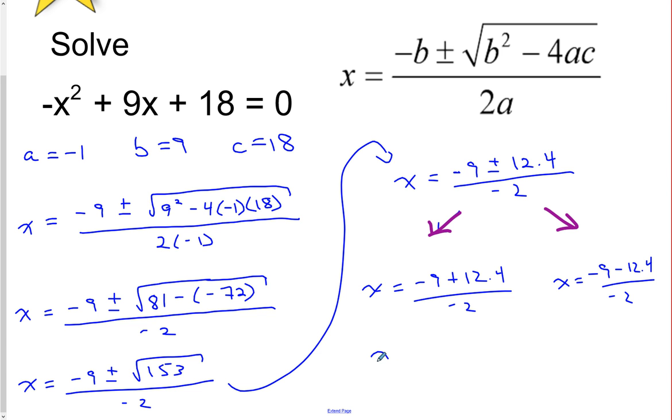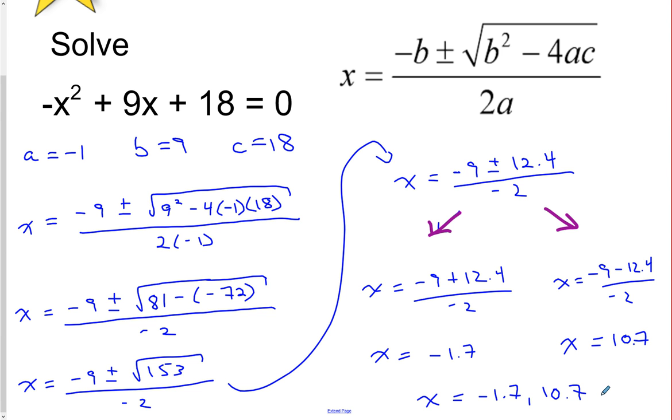So we'll work those out. Our first one is going to work out to negative 1.7 when we round off to one decimal place. Our other one's going to work out to 10.7 when we round it off to one decimal place. So we wouldn't have been able to factor that one without the quadratic formula. Quadratic formula steps in and helps us.